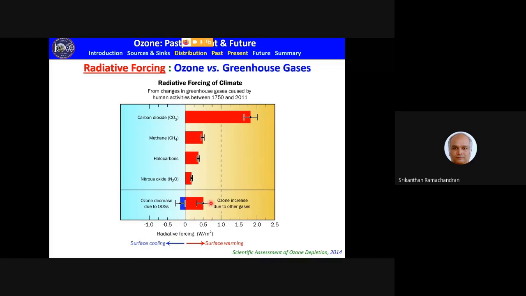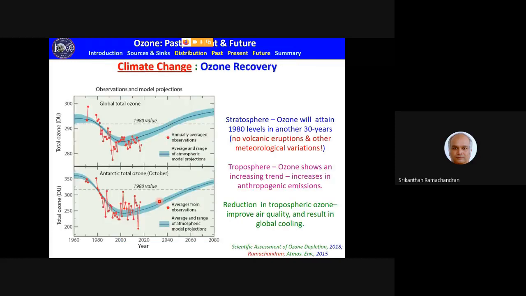Increases in tropospheric ozone produce a warming, while the ozone decrease in the stratosphere produces a cooling. The cooling is in the high altitudes, and the warming produced by the ozone present in the lower atmosphere contributes to global warming.